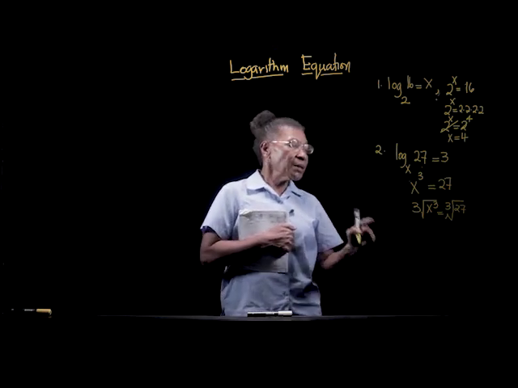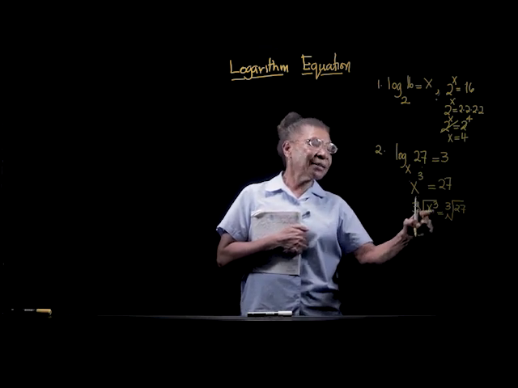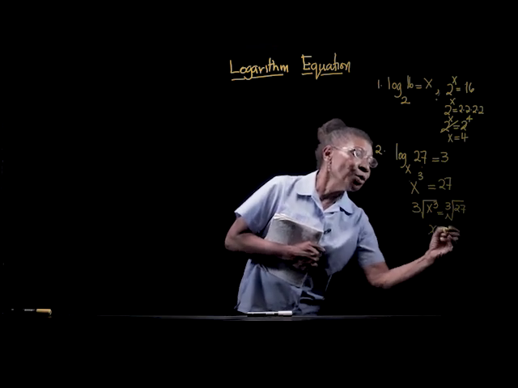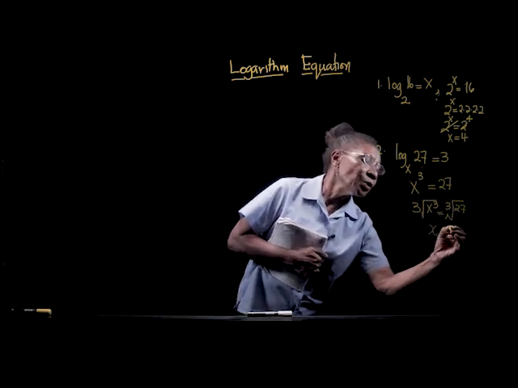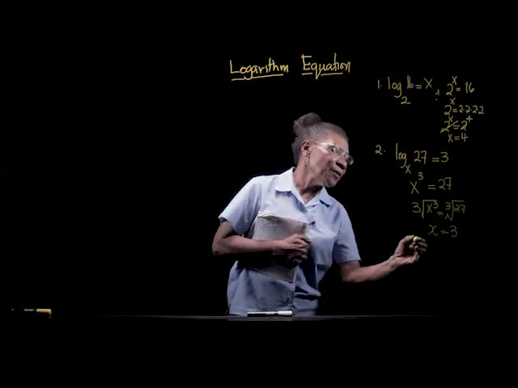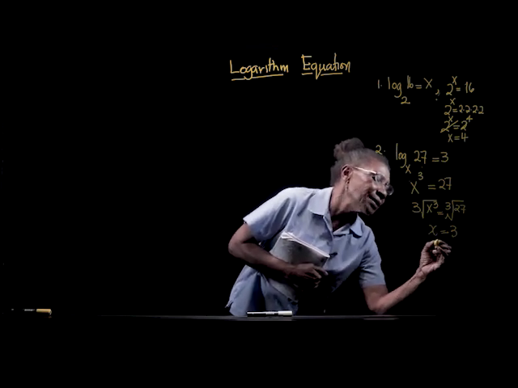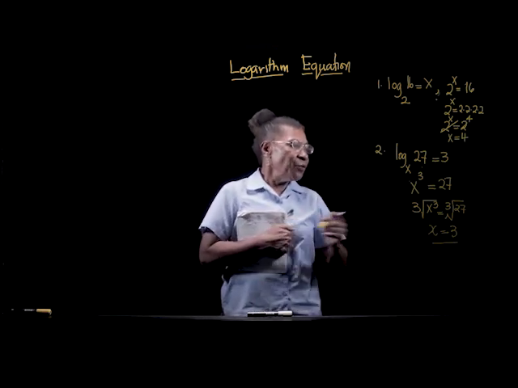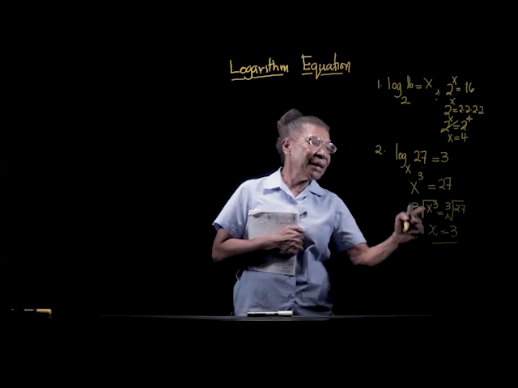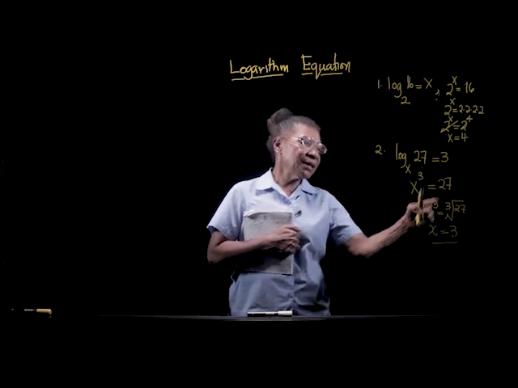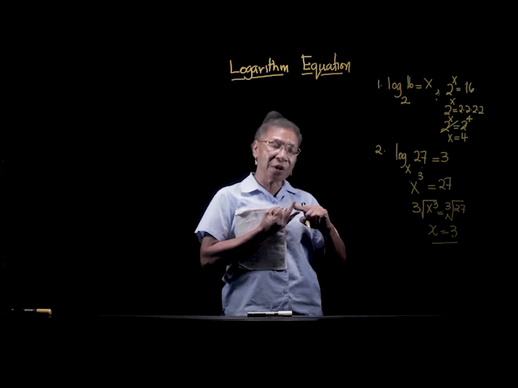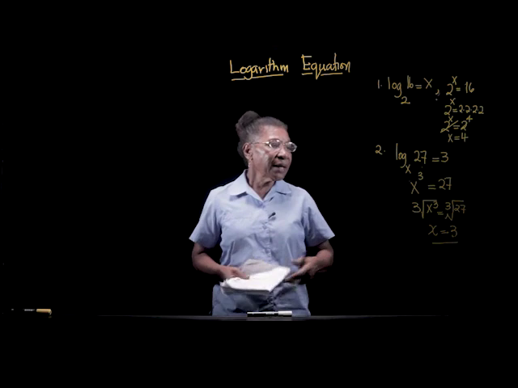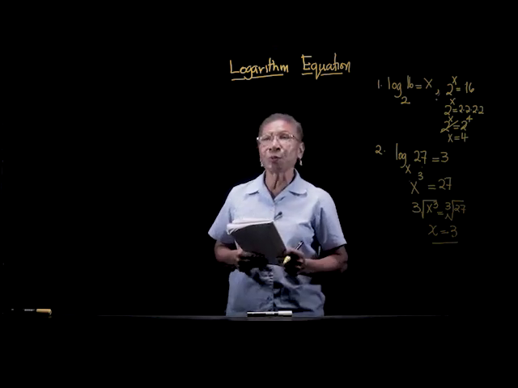The cube root of x cubed is x, and the cube root of 27 is 3. So the value of x is equal to 3. If you multiply 3 by itself 3 times, it gives you 27: 3 times 3 is 9, times 3 is 27. That gives us example number 2.